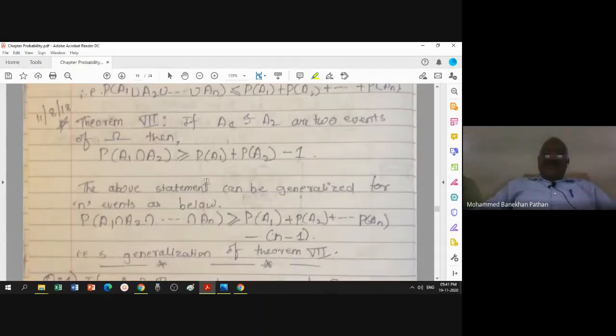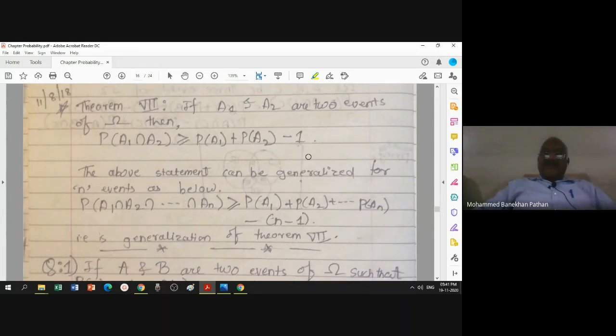We have the next theorem. If A1 and A2 are two events of omega, the probability of A1 intersection A2 is greater than or equal to P of A1 plus P of A2 minus 1. This statement is for the intersection of two events.